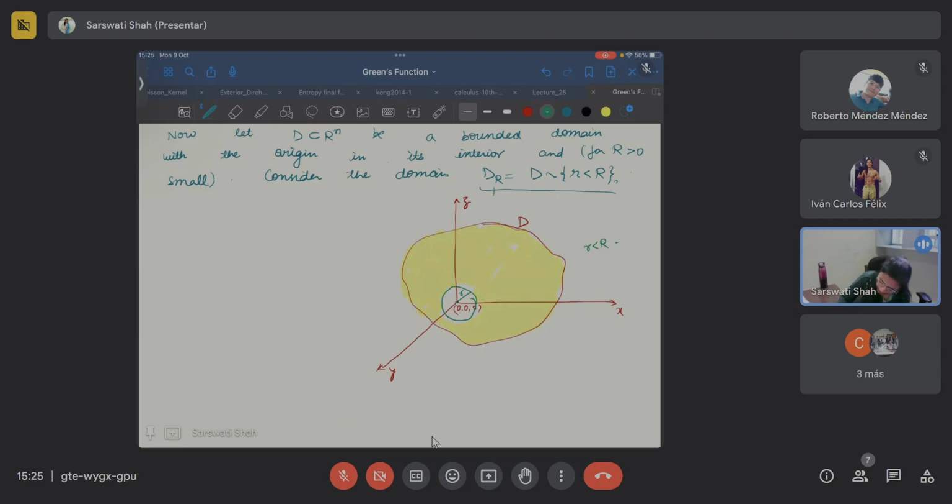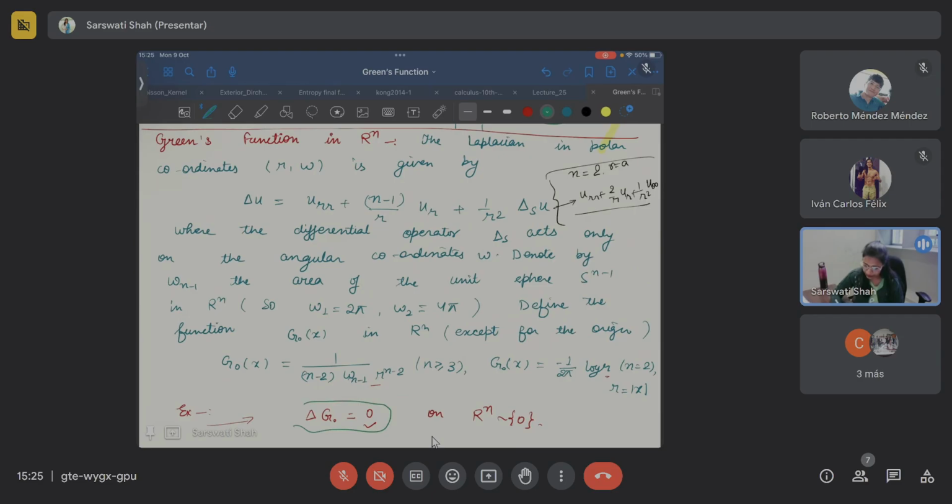Now again this D_r has a boundary. Applying Green's second identity to Z0 and an arbitrary function u from D to R, we find... since this equation is satisfied in the whole region, it is also going to be satisfied on any bounded domain of this region Rn minus 0.